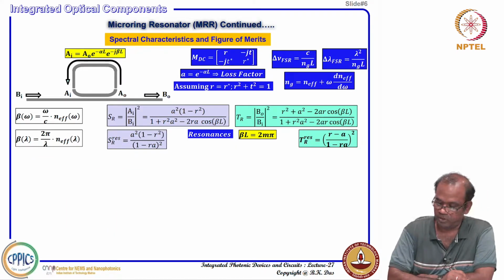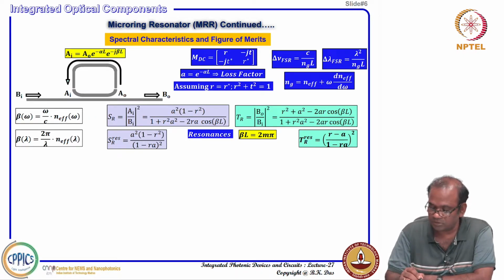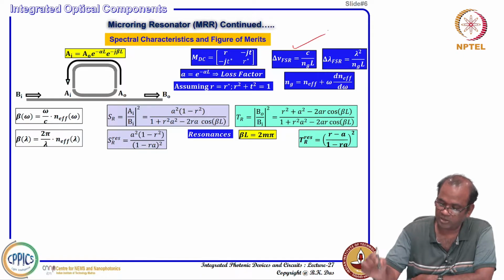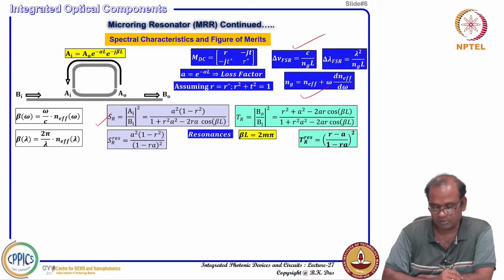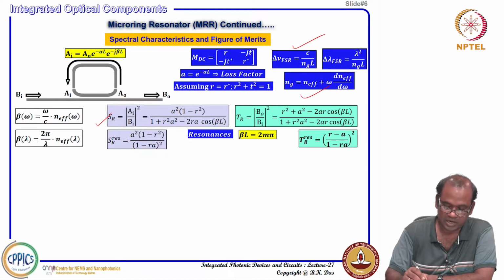So, we summarize here all the important equations. Delta nu FSR is given here, the group index is given here, and the power inside the cavity can be quantified by the enhancement, that is A I by V I, the amplitude field enhancement, and the square of that is the power enhancement inside the cavity.